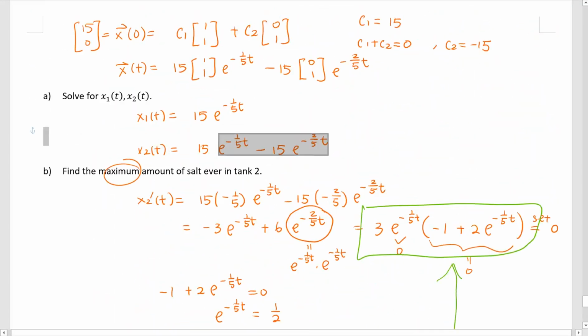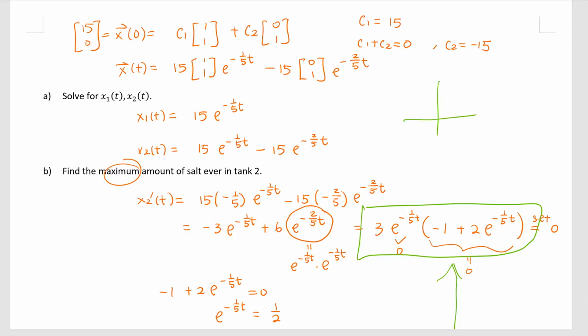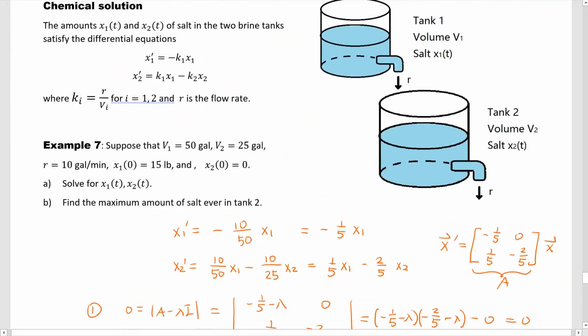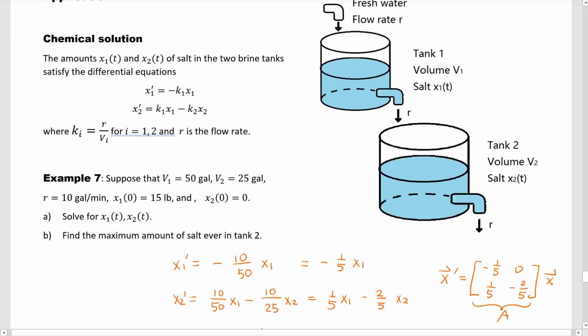How about tank 1? Well, tank 1 is an exponential function, because it's e to the negative, it's a decreasing function. You just keep losing the salt forever, right? And it makes sense, because don't forget our picture. You're adding water and then you're losing your solution.